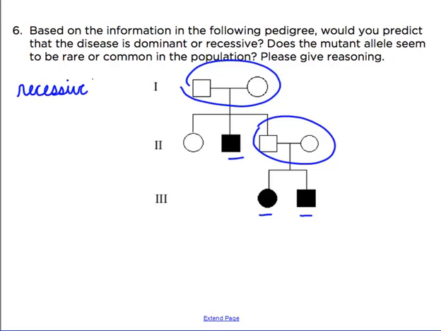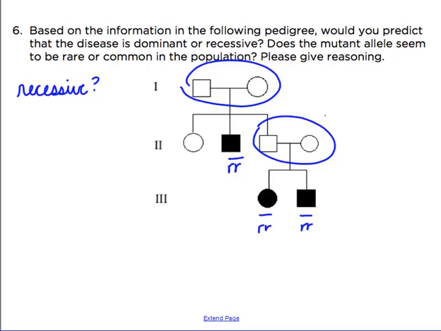And then we do the genotypes to see if that actually works. If it's recessive, that means that the affected individuals must be homozygous recessive. So let's just call this allele R. So these individuals must be little r, and the same for here. Now, in order to have affected children, both parents must be carriers.